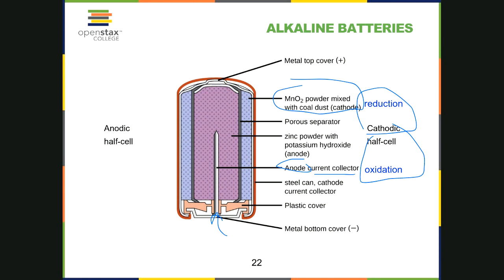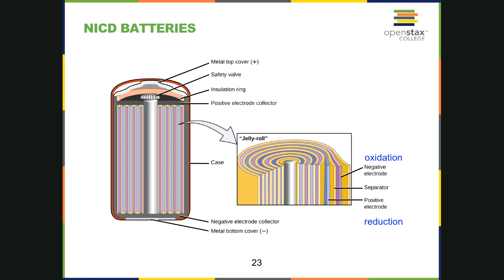Then our next jump forward in reducing weight and increasing our electrical current. There's a term that gets used in batteries: current density. It's how much electrical power you can have in the size of the package, and it also gets into what the weight is. So with the NiCad batteries, those are rechargeable.